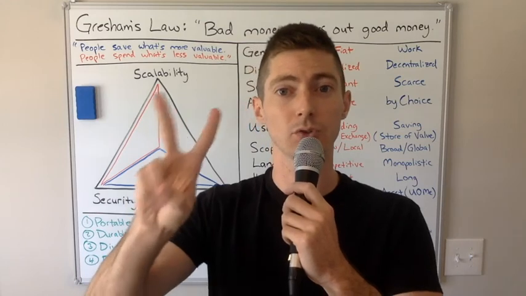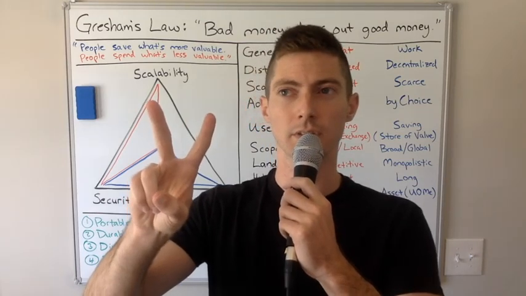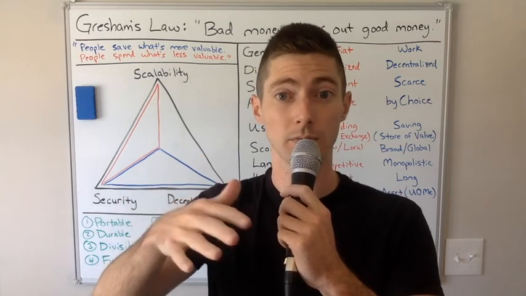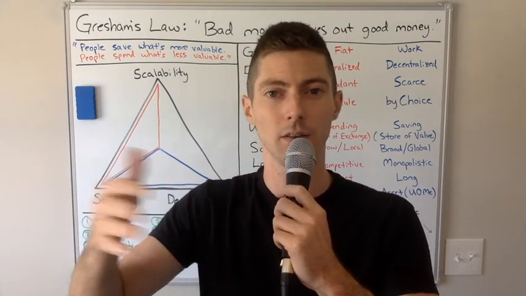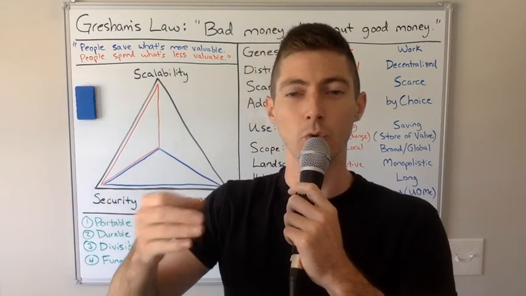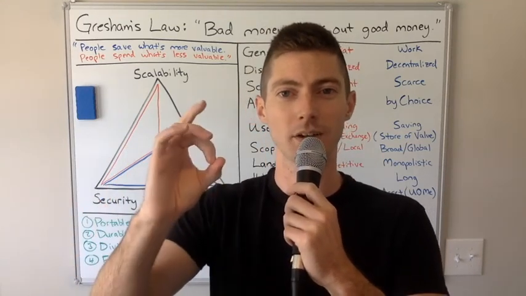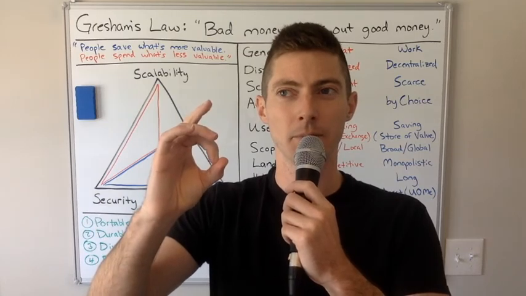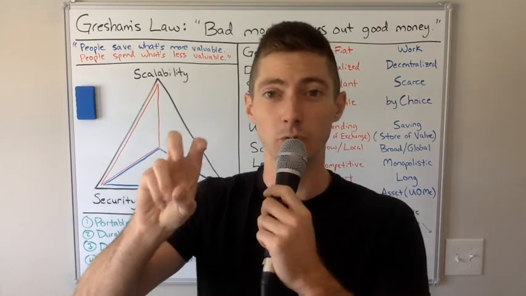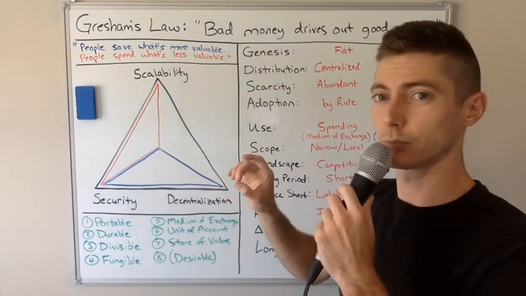But if you introduce a second thing, for example, a 50-50 mix of gold and copper, so you've debased the currency by introducing a base metal like copper, then once you have coins that are half gold, half copper, the presence of that bad money is going to drive out the pure gold from circulation.